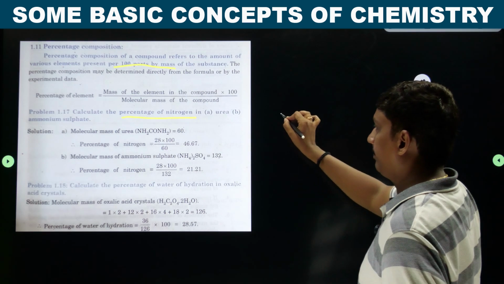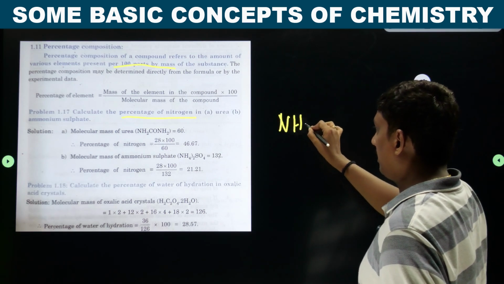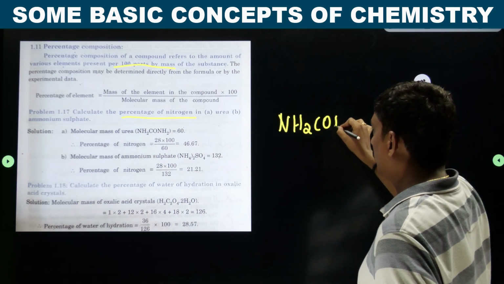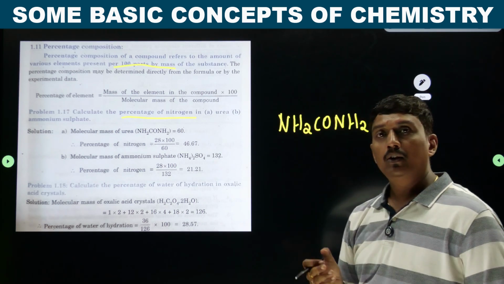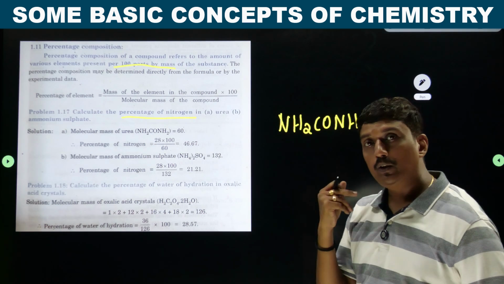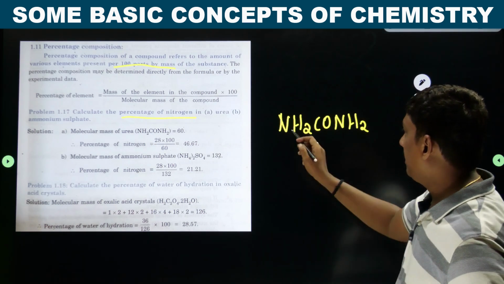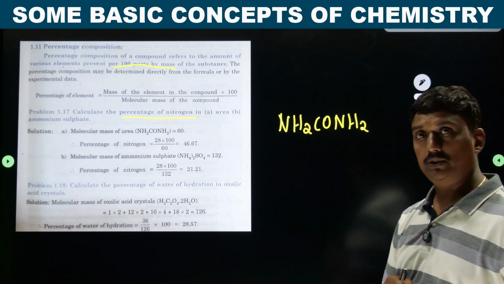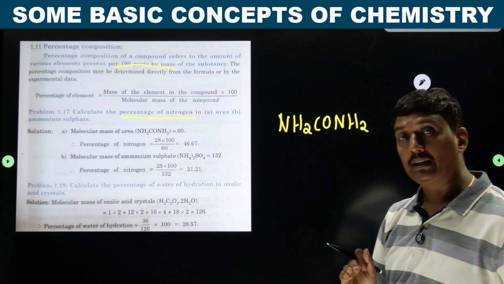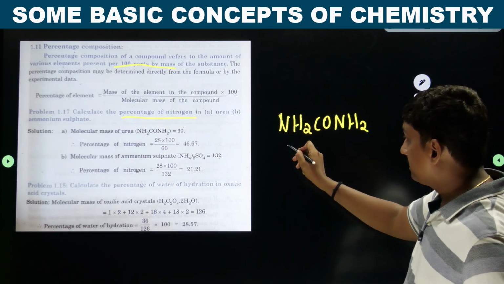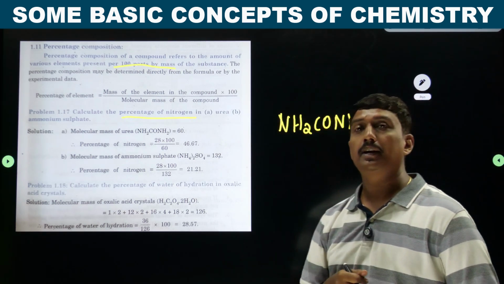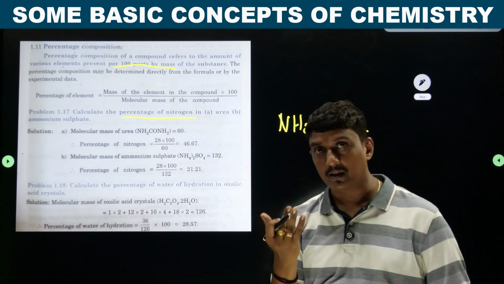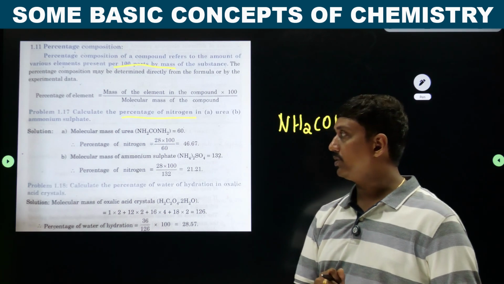The formula is NH2CONH2. This is urea. So this is one molecule. In one molecule, we have 2 atoms of nitrogen. So you should calculate the mass of nitrogen in the whole mass with respect to 100 parts, which is nothing but percentage composition.